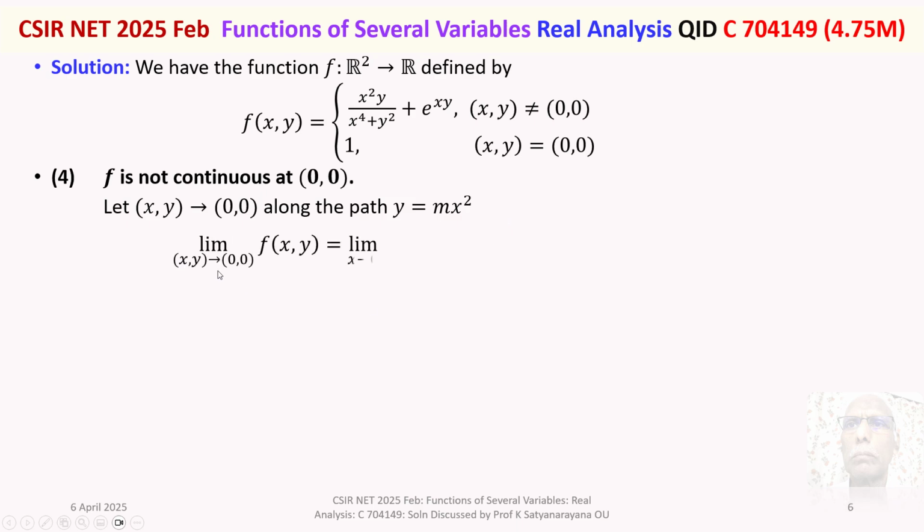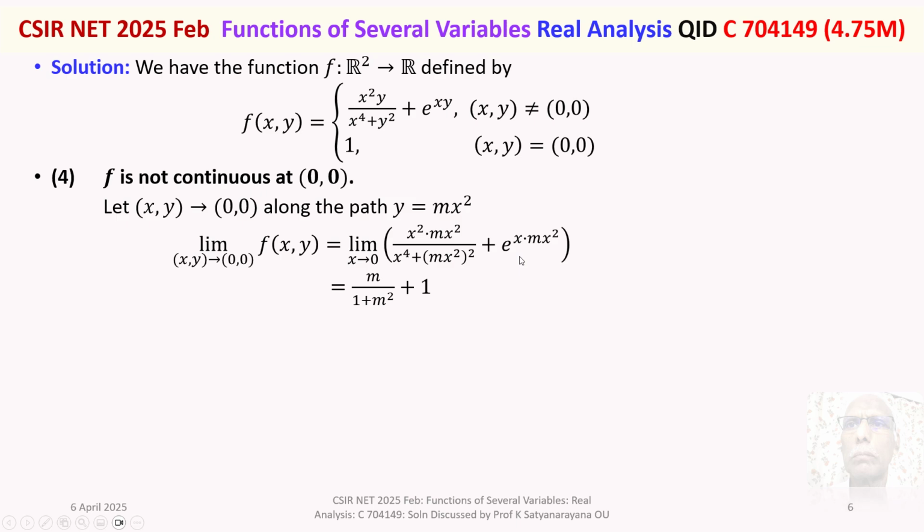Limit x comma y tends to 0 comma 0 of f of x y along the path y is equal to m x square will become limit x tends to 0 of x square into y, that is m x square, by x to the power of 4 plus y square, that is m x square whole square, plus e to the power of x into y, that is m x square. Right. As x tends to 0, this will be m by 1 plus m square, agreed, plus 1.